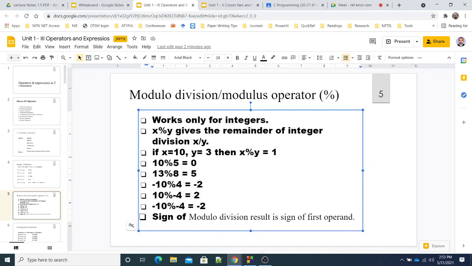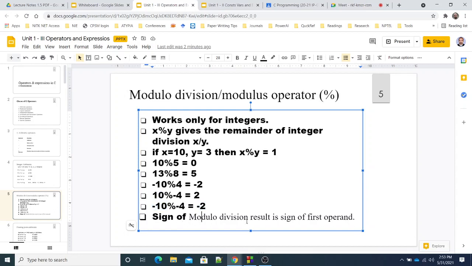Basically, if you get a question like this, minus 10 mod 4 or 10 mod minus 4, you remove the sign and find the remainder. You ignore the sign, consider the negative number as a positive number and find the remainder. Then apply the sign of the first operand, or the numerator in division; that will be the sign of the remainder.